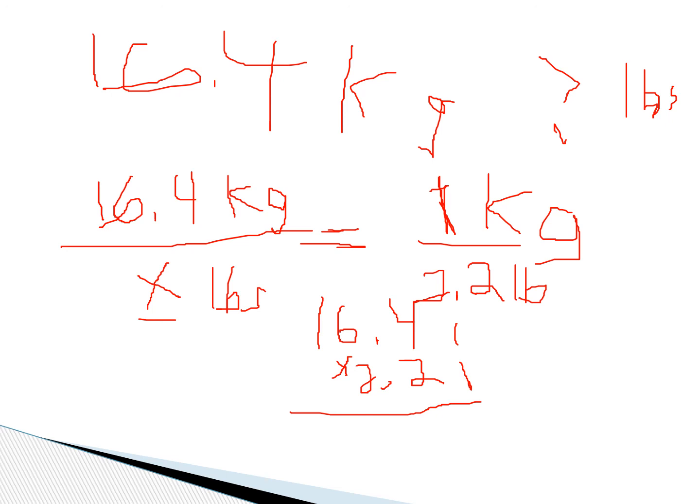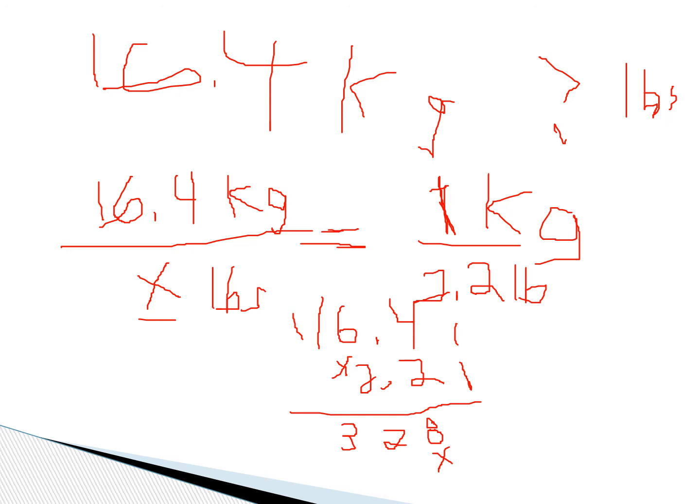Okay, so I'm going to just do my math here. 4 times 2 is 8. 6 times 2 is 12. Carry my 1, 3. I always put an x here. It's how they'll put a 0.